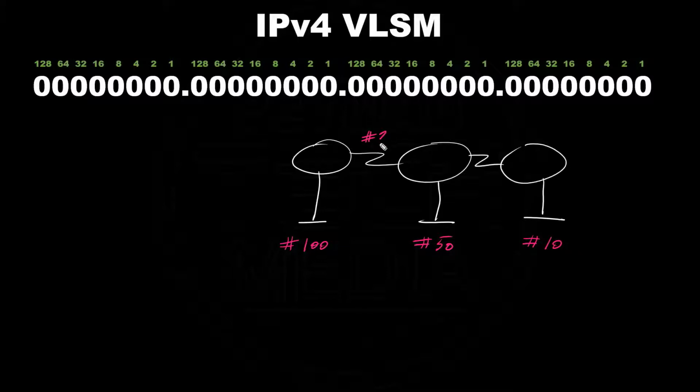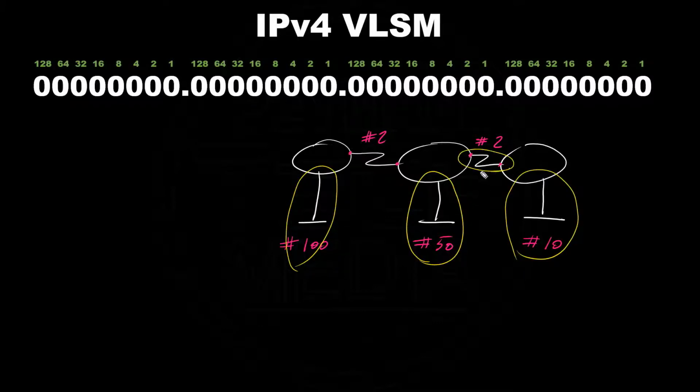And this one we need only 2 because of the point-to-point connections. And if we want to count the number of networks, so this is 1 network, 2, 3, 4, and 5. We can say if this is network A, network B, network C, network D, and network E.